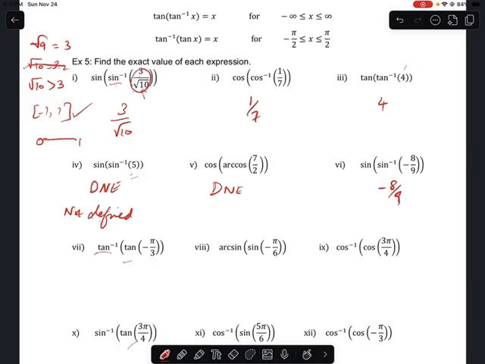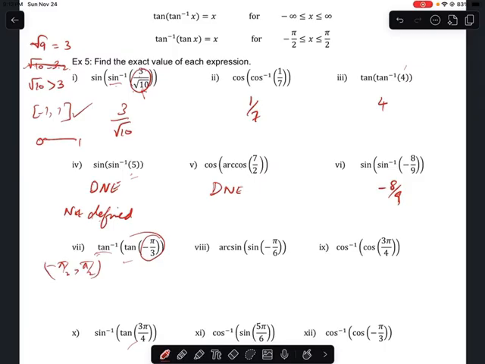Next, sine of sine inverse of negative 8 over 9. So 8 is smaller than 9, or 9 is more than 8. So 8 over 9 will be less than 1. So in other words, negative 8 over 9 will be more to the right of negative 1.